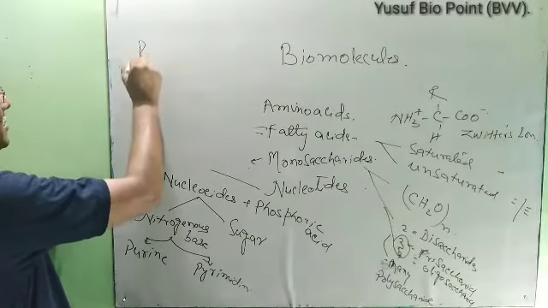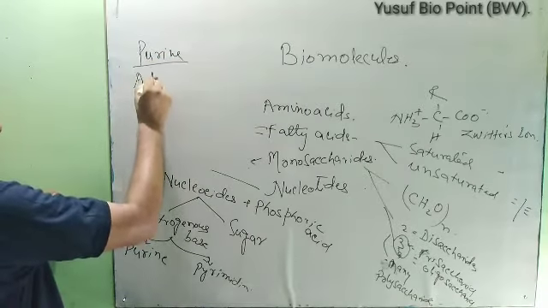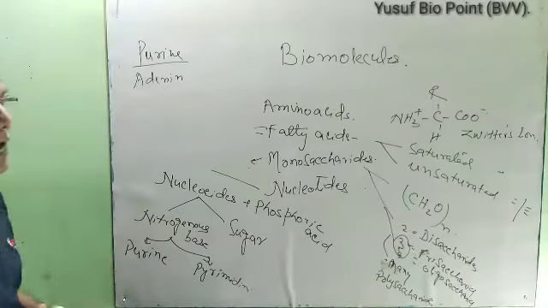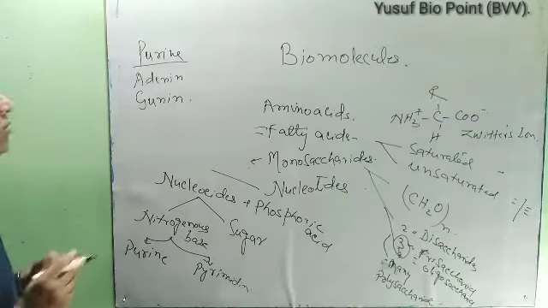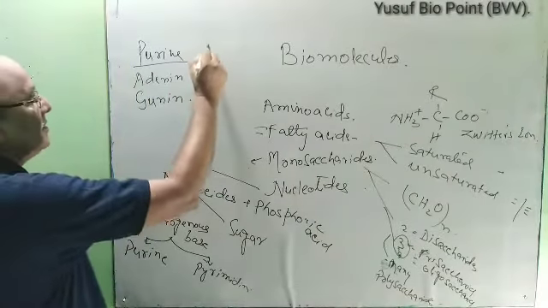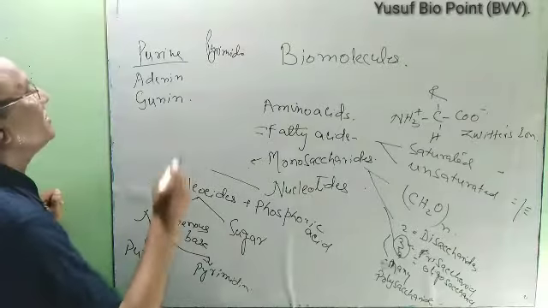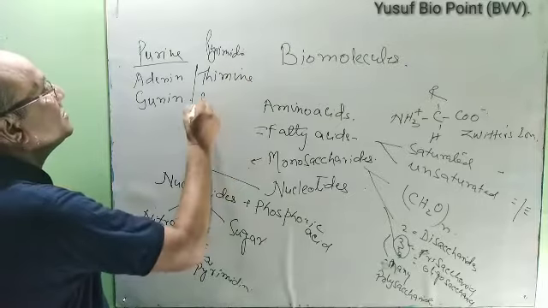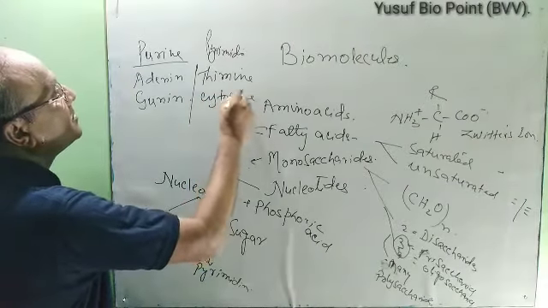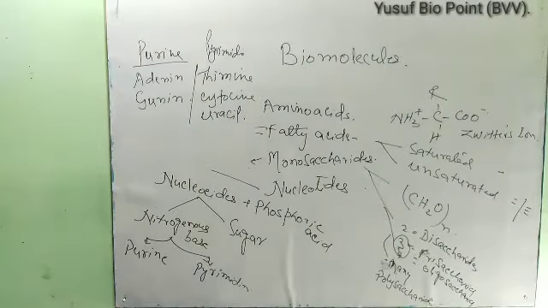In the purines we get adenine and guanine, and in the pyrimidines we get thymine, cytosine and uracil. These are the bases of nucleotides or DNA.